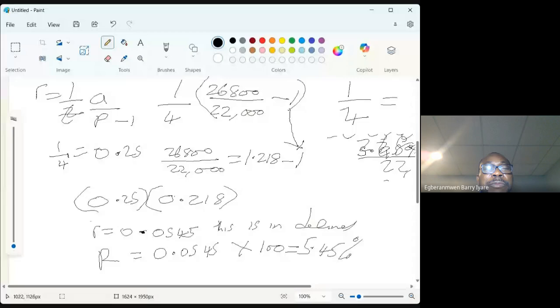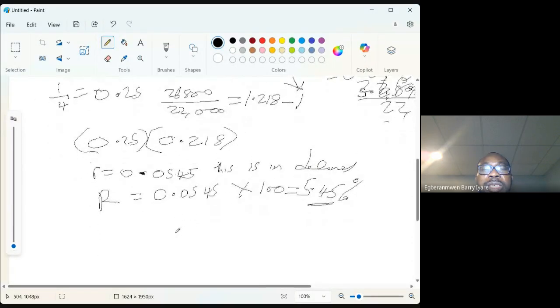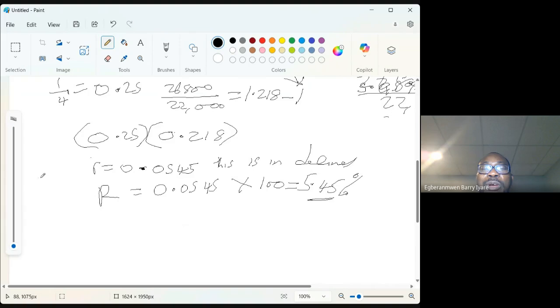So the conclusion here is, for a total accrued amount of 26,800 naira with an original principal of 22,000 naira at a term of 4 years, the simple interest rate you will need is 5.45%.